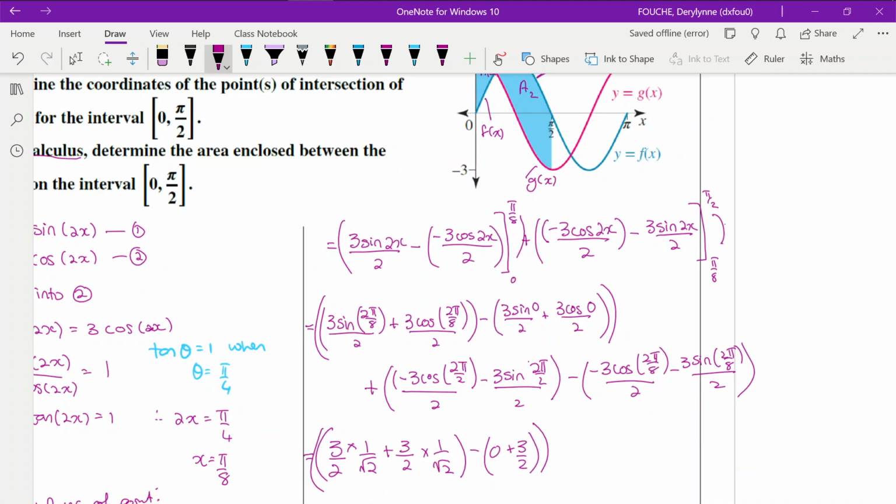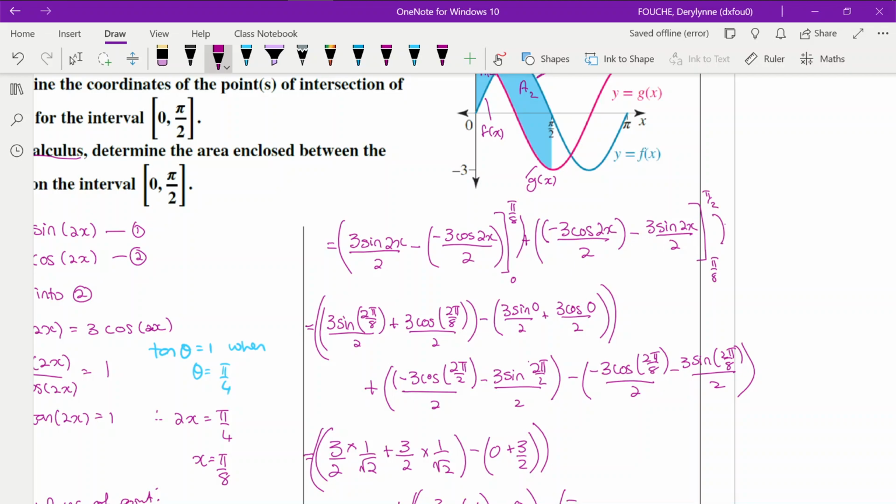Okay, and then I'm going to add, and let's go again. We have negative 3 on 2, and cos of pi, negative 1, and sine of pi, because 2 pi on 2 is pi, is 0. And I want to subtract.